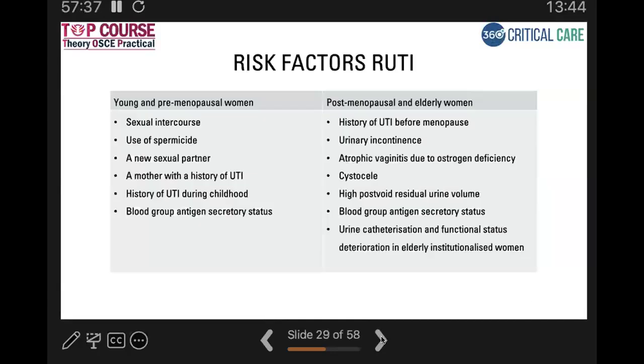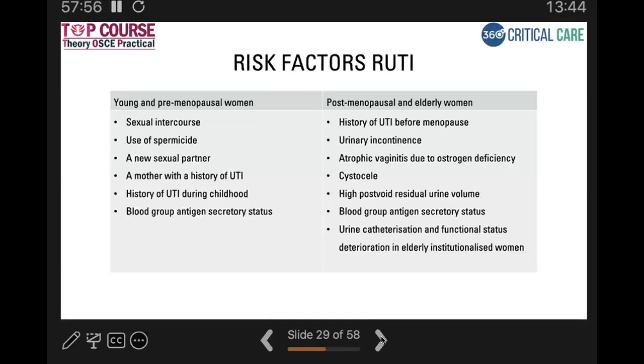So what are the risk factors for a recurrent UTI? In young population, it could be because of sexual intercourse, use of spermicide, new sexual partners, a mother with a history of UTI, recurrent history of UTI in childhood, and blood group antigen secretory status.